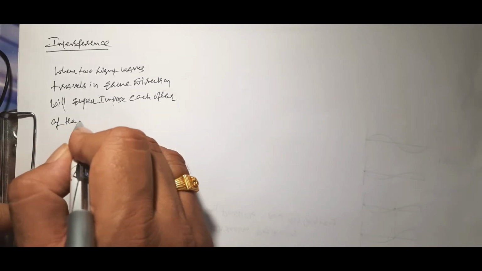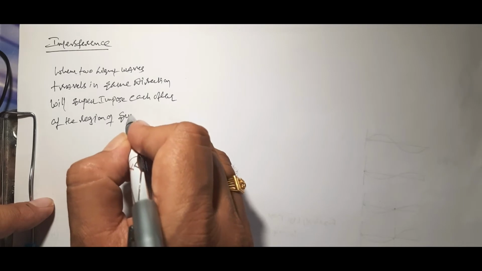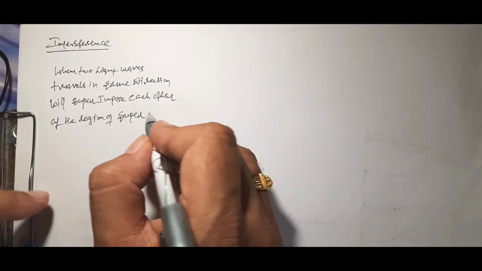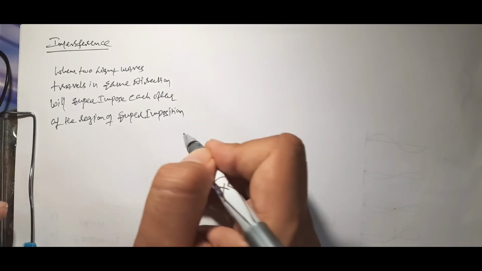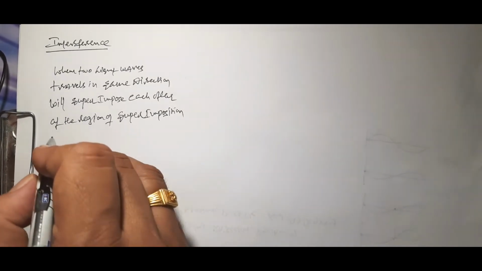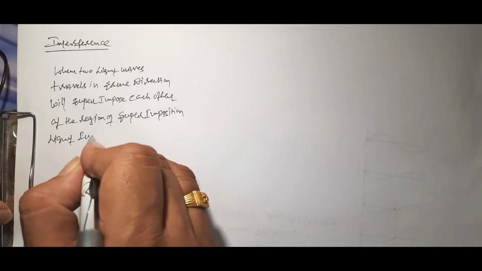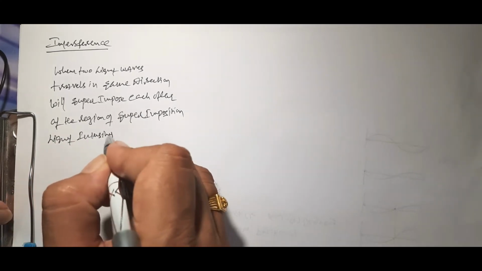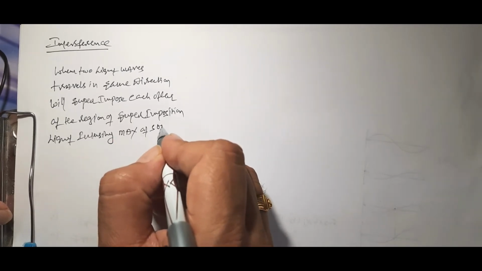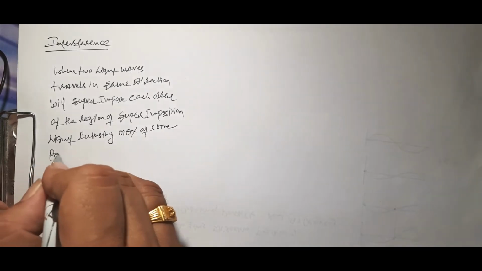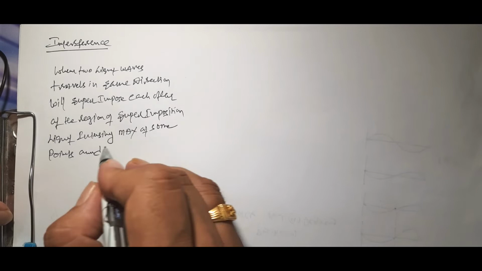At the region of superimposition, as a result of superimposition, light intensity is maximum at some points and minimum at some points.